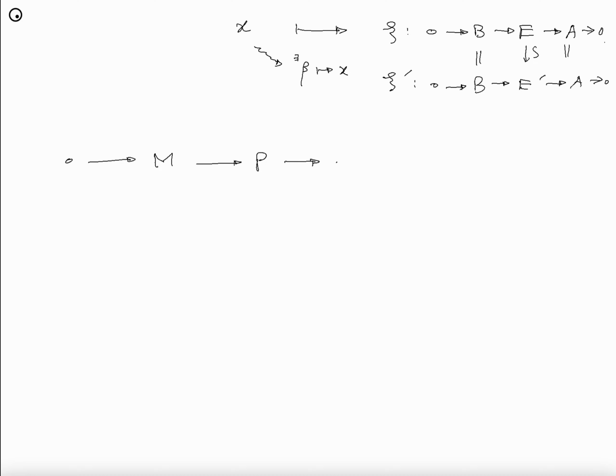This is A, this is projective. We first, by pushout, define this E, and then prove this short exact sequence.